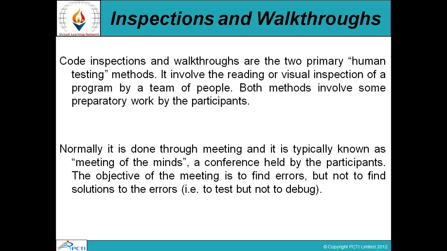The methods involve some preparatory work by the participants, and normally are carried out through a meeting, typically known as a meeting of the minds, a conference held by the participants. The main objective of this meeting is to find errors, but not to find solutions to the errors; that is, to test, not to debug.